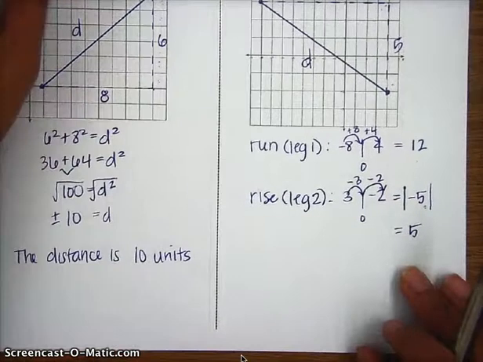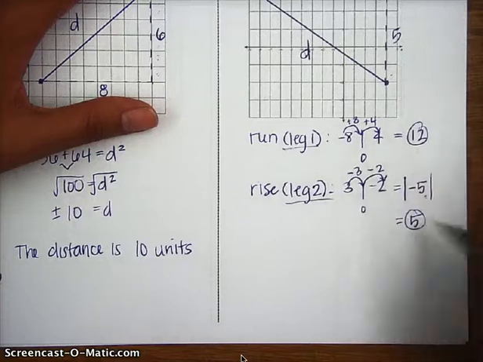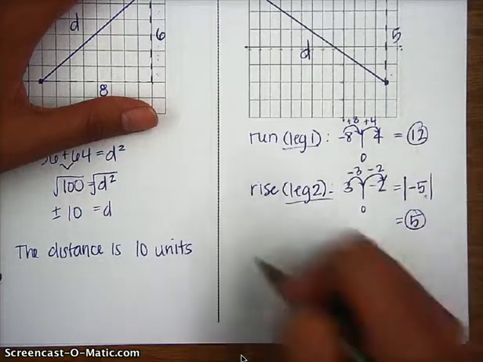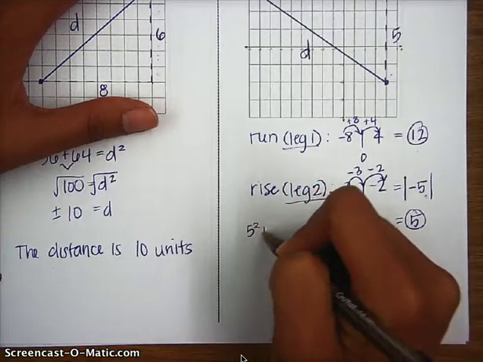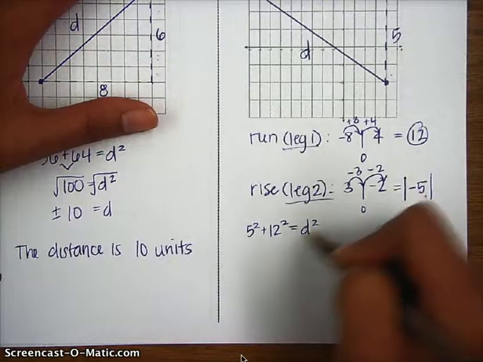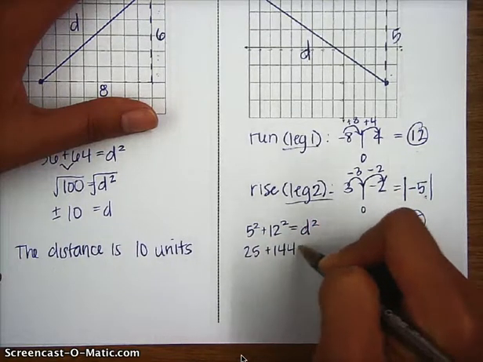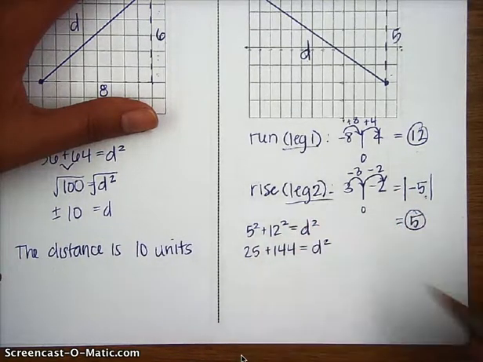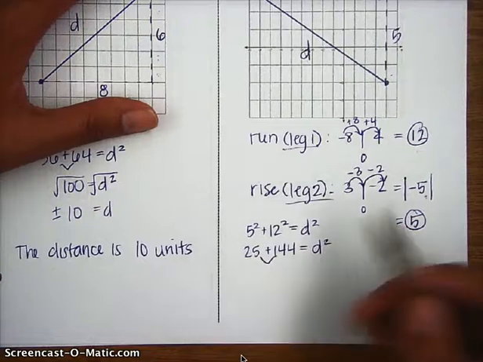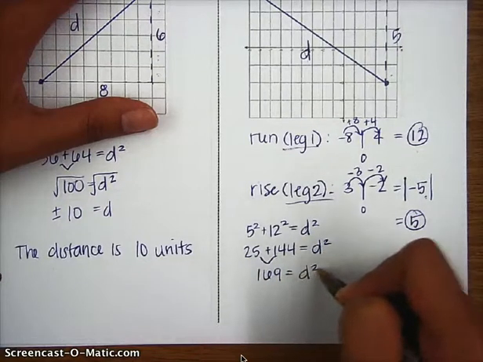So now, since I know the two lengths of the legs, which is 12 and 5, I'm going to go ahead and plug it into my formula. So here I have 5 squared plus 12 squared is supposed to equal d squared. 5 squared is 25, 12 squared is 144, and that's supposed to equal d squared. I'm going to combine these two terms, and I'm going to get 169 equals d squared.